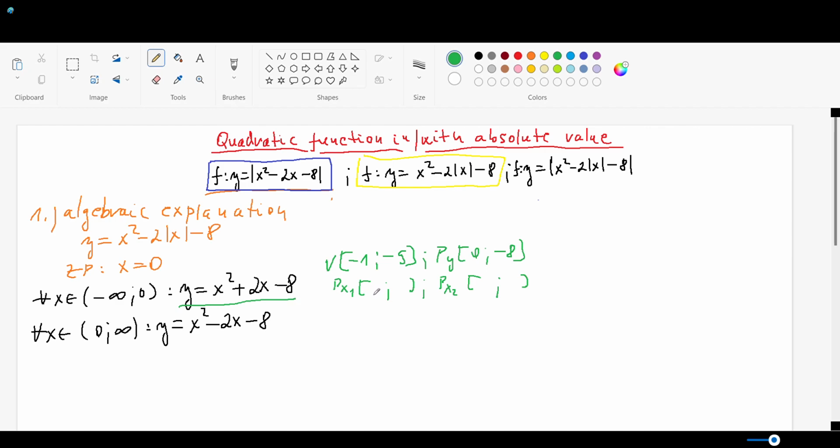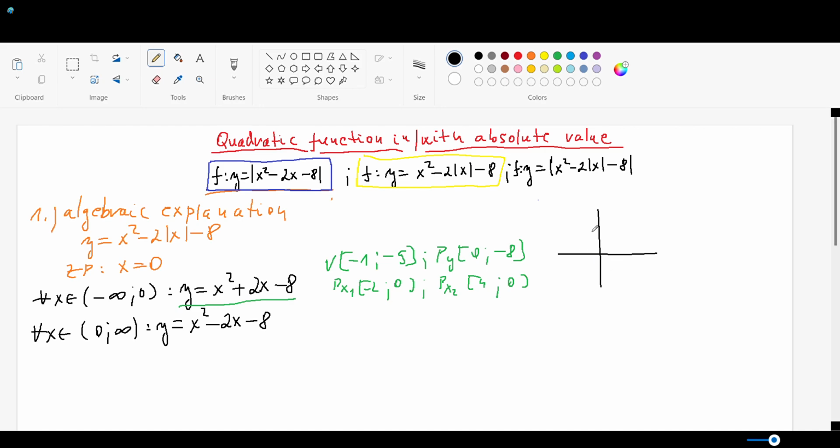Okay, but we were already solving this equation, I think, and the coordinates of the x-intercepts are negative 2, 0 and 4, 0.